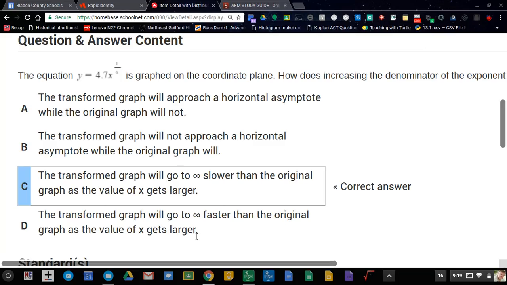Again, as you take a 12th root of bigger and bigger numbers, you get a larger and larger number. It's not approaching a horizontal value or a y value. So you're looking at whether it goes to infinity faster or slower. Go with C, because the new transformed graph gets there slower than the original. So that's going to be option C.